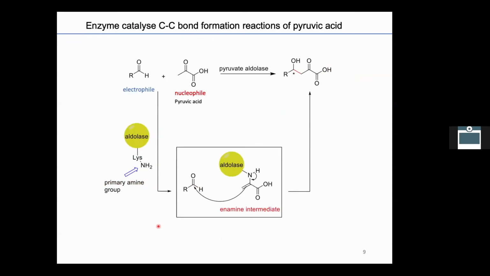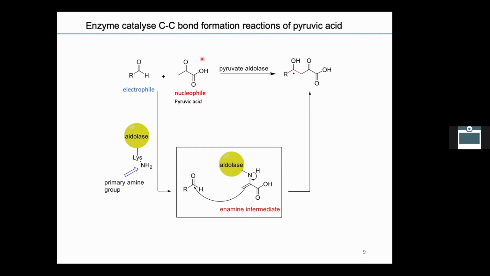So then we looked back at the biological system in your body, at how pyruvate is used by pyruvate aldolase as a nucleophile. It is known that pyruvate aldolase promotes aldol reactions between pyruvic acid and an aldehyde electrophile and produces the corresponding product very efficiently.